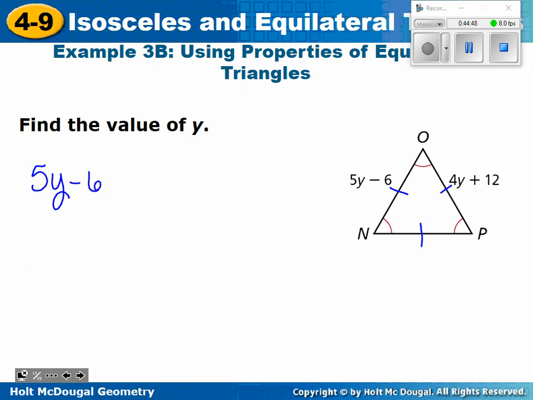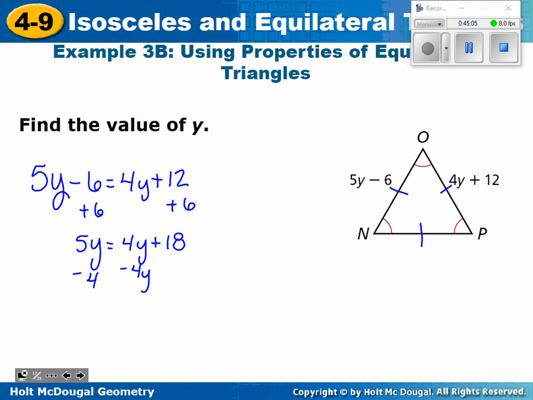Very good. 5y minus 6 equals 4y plus 12. And once again, a pretty easy algebra equation to solve. We can simply just add 6. So 5y equals 4y plus 18. And then subtract 4y. And we end up with y is equal to what? 18. And again, that's all they asked us to find here was the value of y.